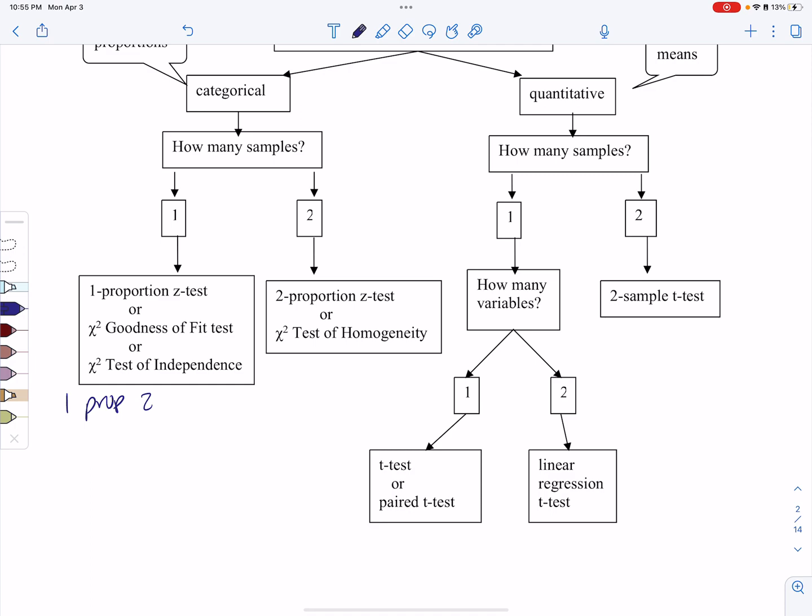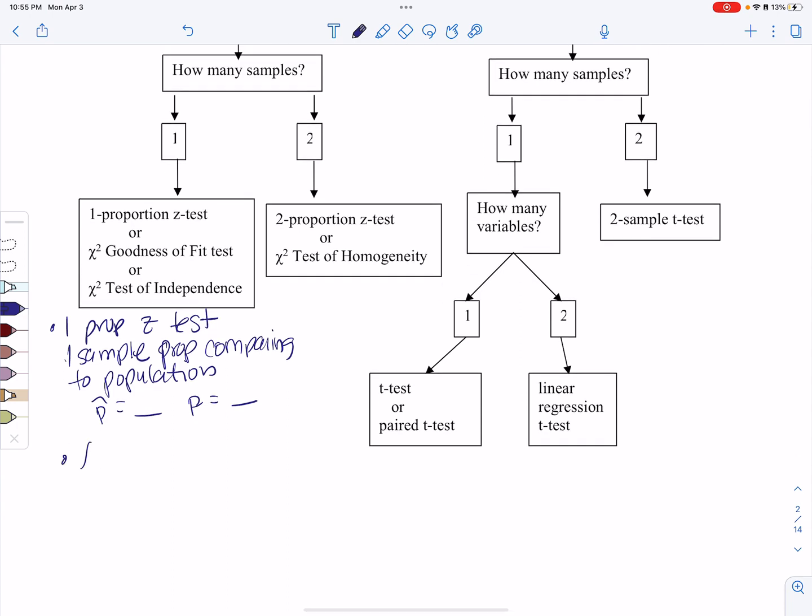For the 1 prop z-test, you're going to have one sample, one sample proportion that you're comparing to the population. So literally all the data you'll have in here is p hat equals something, and you'll have p equals something.